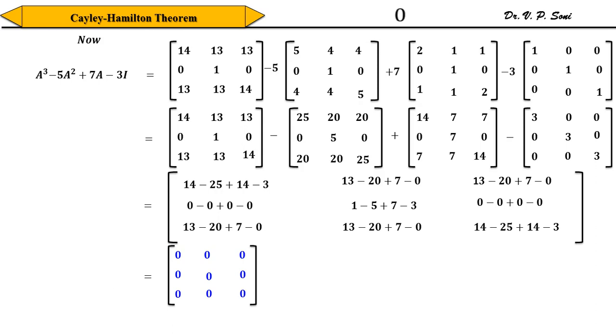This is the null matrix. Therefore, A cube minus 5A square plus 7A minus 3I equals the null matrix. Therefore, Cayley-Hamilton theorem is verified.